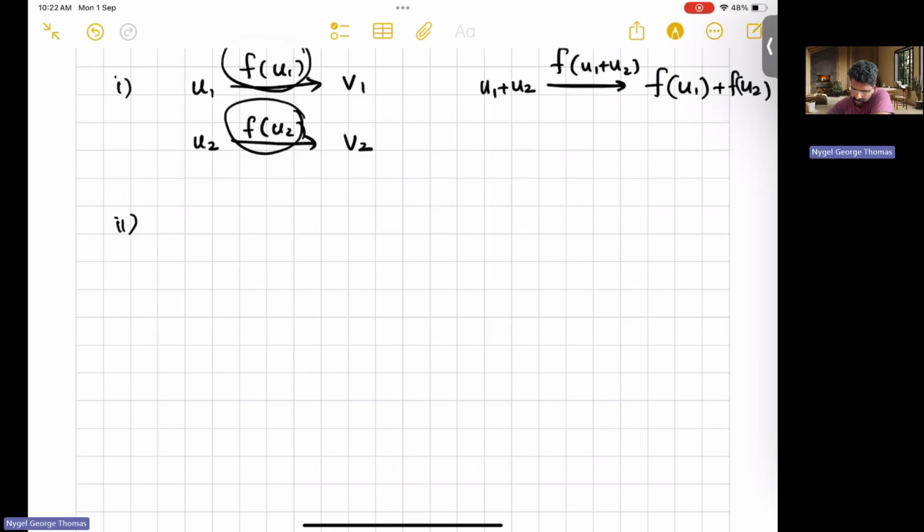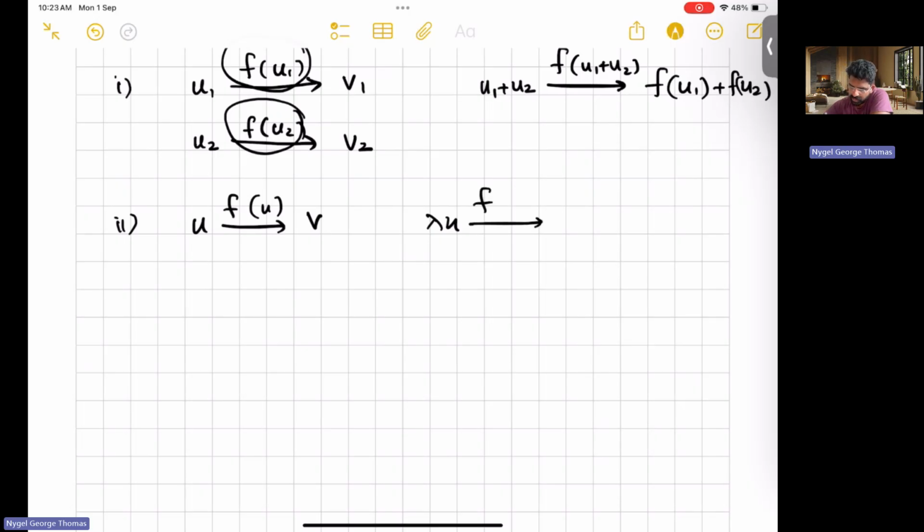The second thing is also similar. We have a U, we apply the transformation over it, and we get V, and we're scaling the vector U by some factor lambda. You just know the scaling factor. You don't have to compute lambda U and give that again as input to the function.